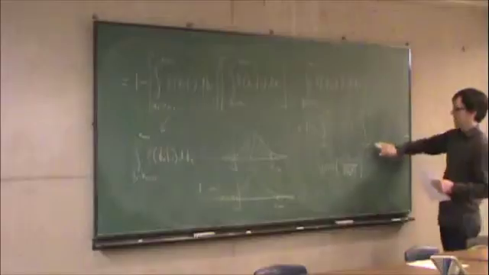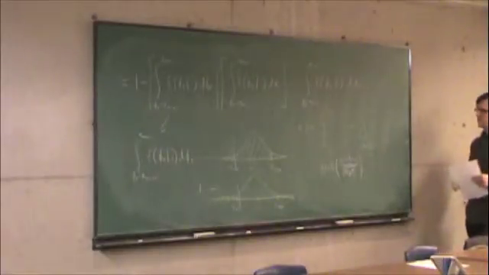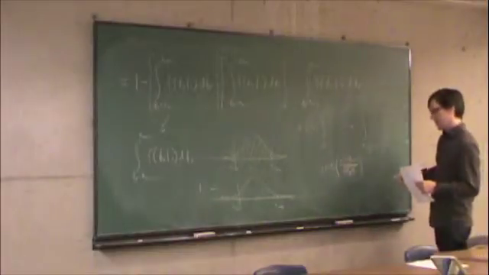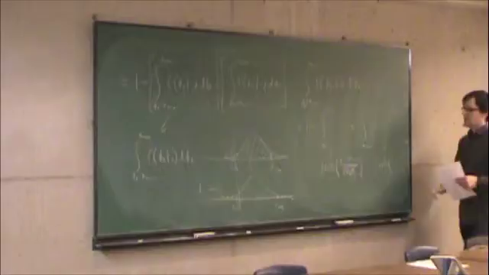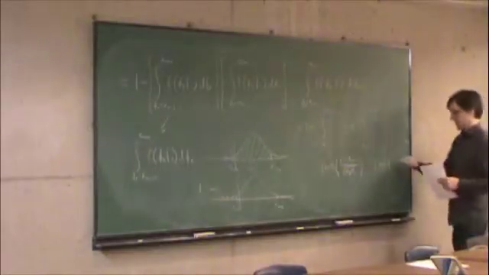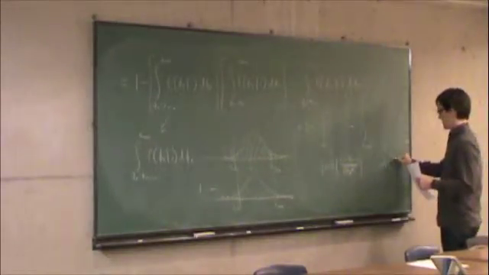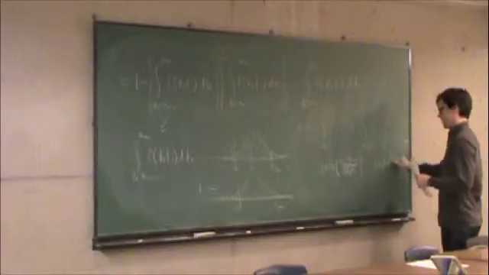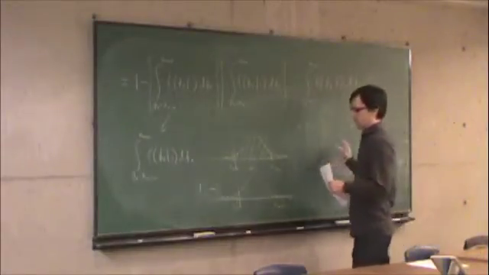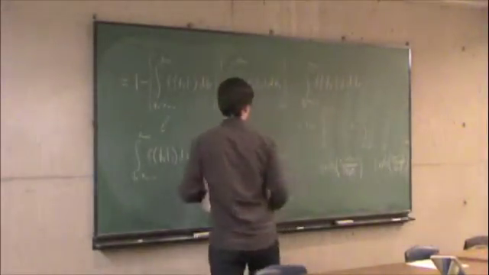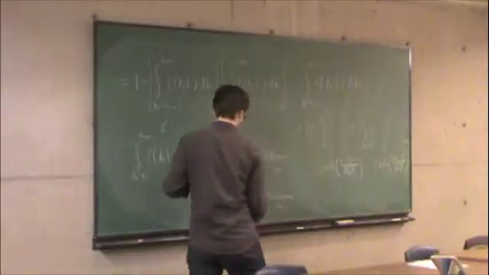This guy, integral from x max to infinity, I get 1/2 erfc of x max minus alpha I divided by root n0 over ts. Okay, if you're wondering about how I managed to get that, just think of it this way.